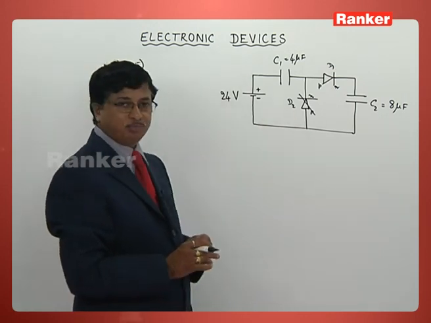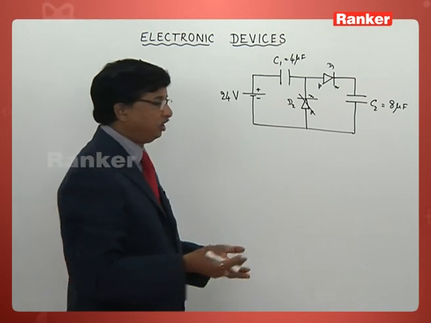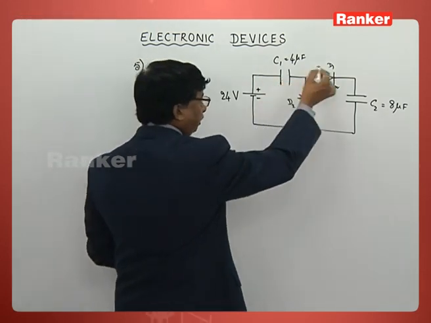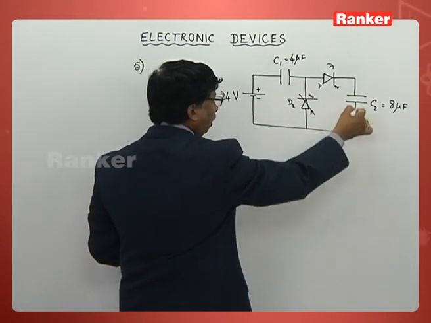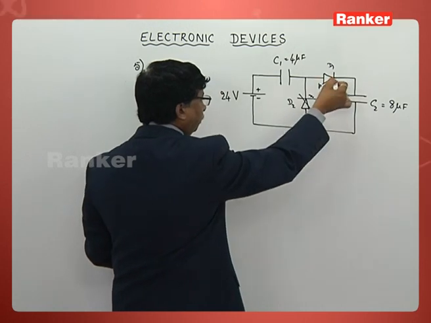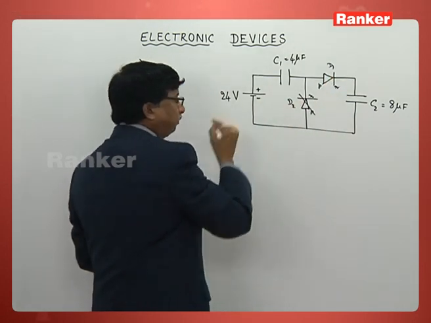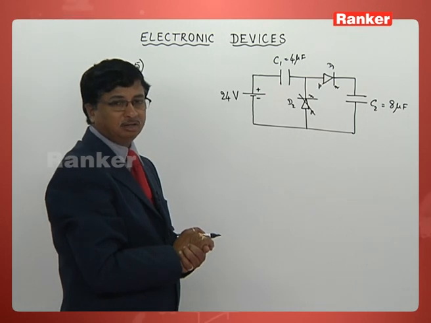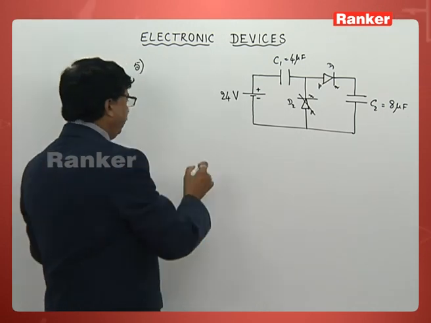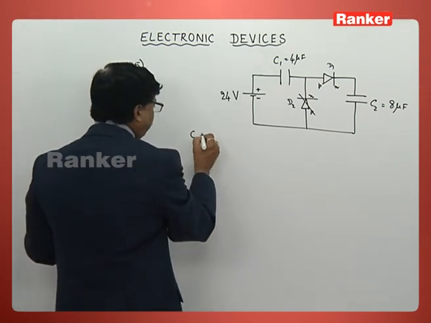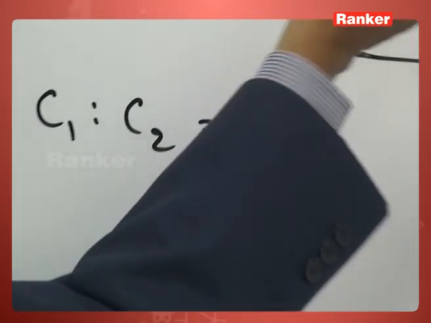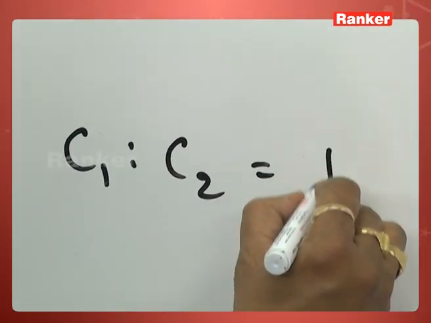Forget about that. Now both capacitors are in series with this diode, and the entire system is in series with this cell. So C1 is to C2, just take 4 and 8, is 1 is to 2.